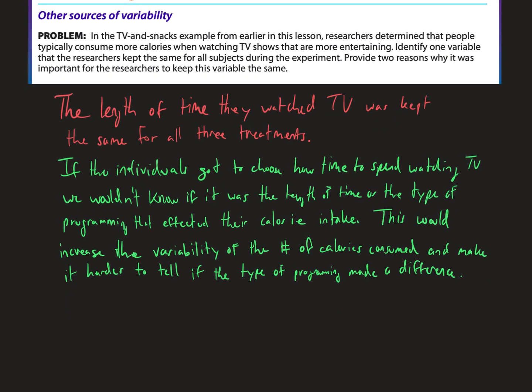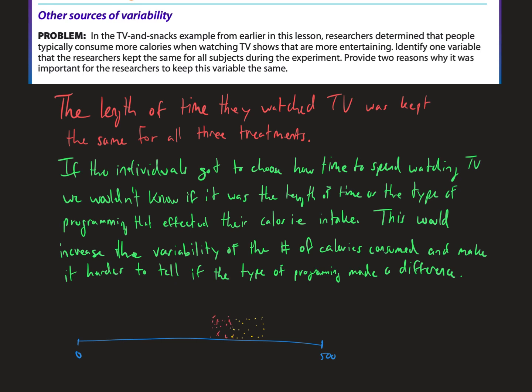So the idea here is it's harder to tell if the type of program makes a difference. If we had some dot plot of how many calories were consumed from 0 to 500, and all the people that were watching the action movie with sound, we got 20 data points up here, and then people that are watching the action movie with no sound, their data points maybe are in here, they consume fewer calories.